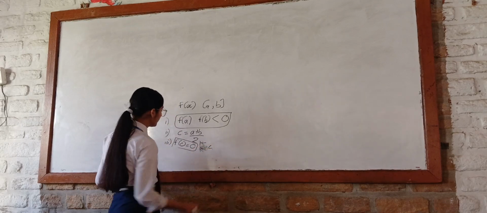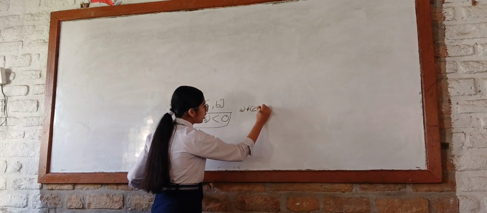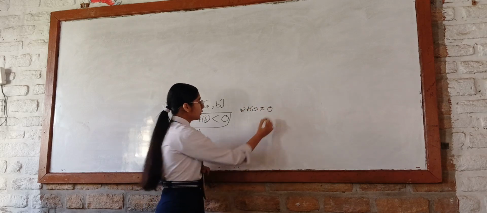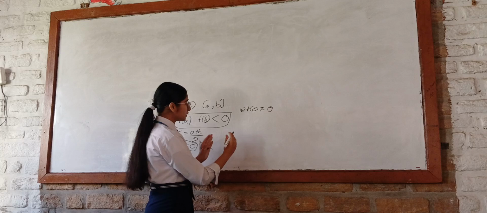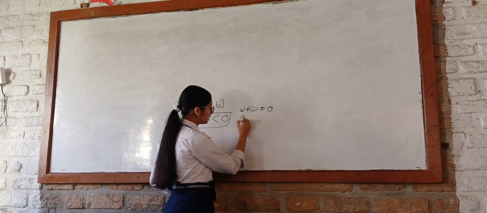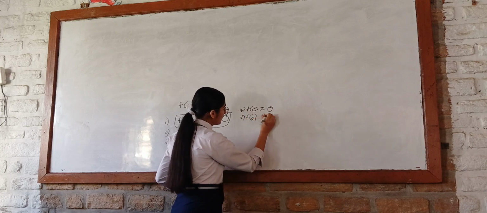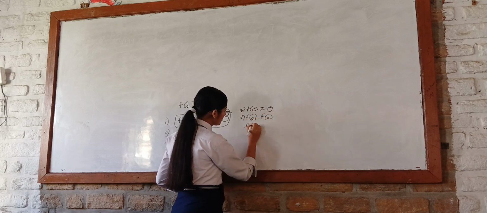If f(c) is not equal to 0, then we need to find the interval in which the root falls. Then we need to find f(a) times f(c) and f(b) times f(c).